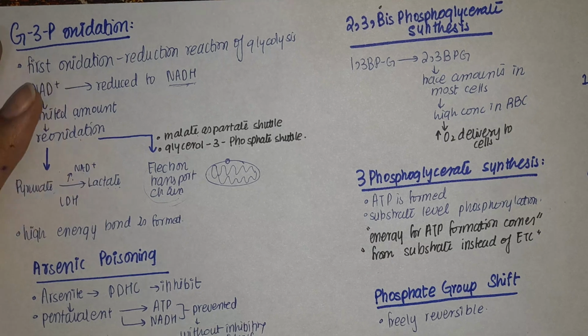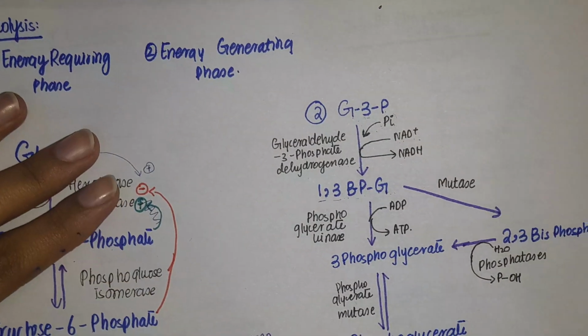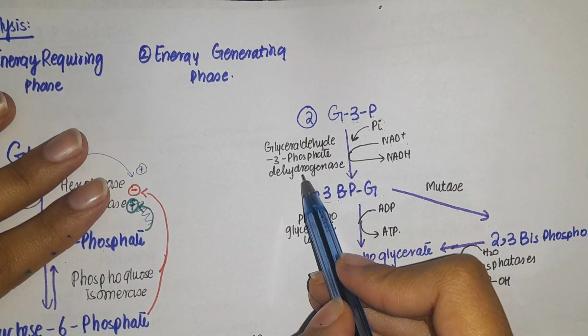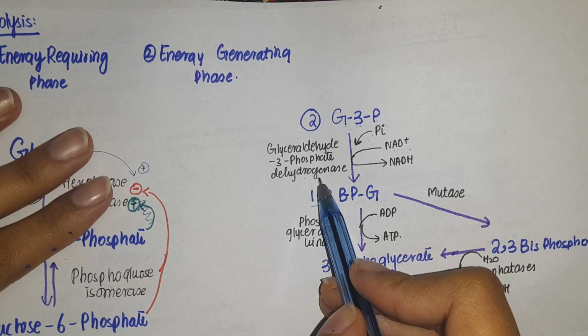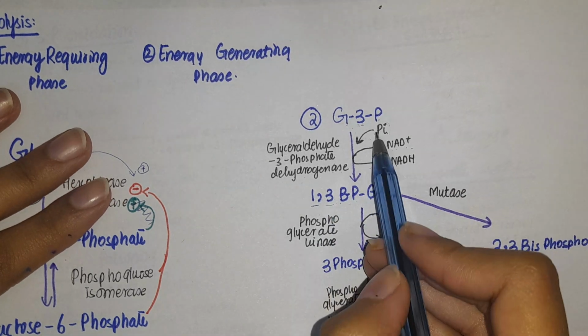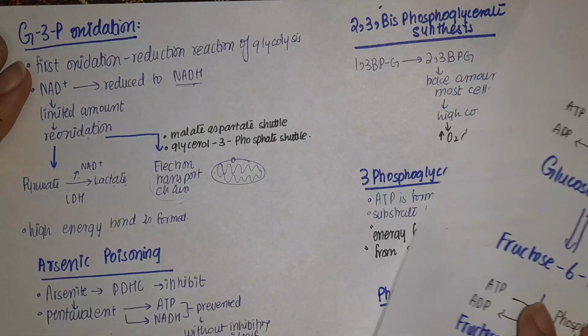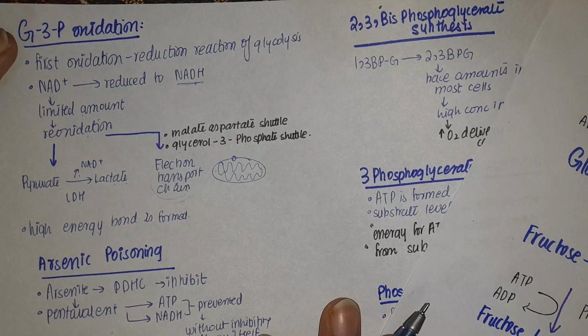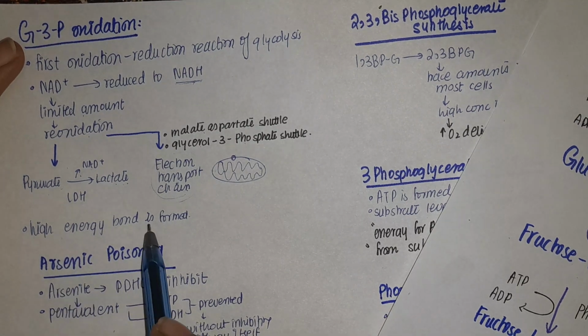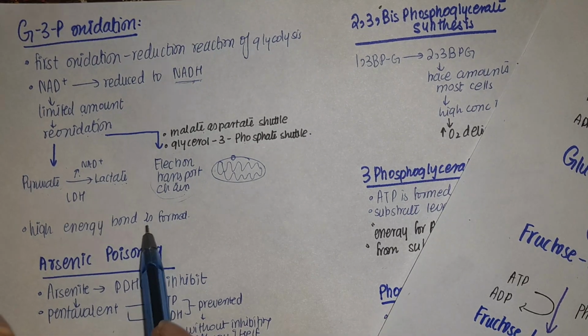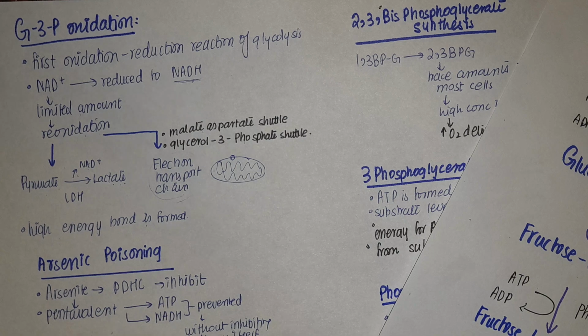The first step by glyceraldehyde 3 phosphate dehydrogenase has now been completed. The hydrogen was removed, the phosphate was added. Second, a high energy bond is created, and when this bond goes further in the reaction, it will be able to produce ATP.